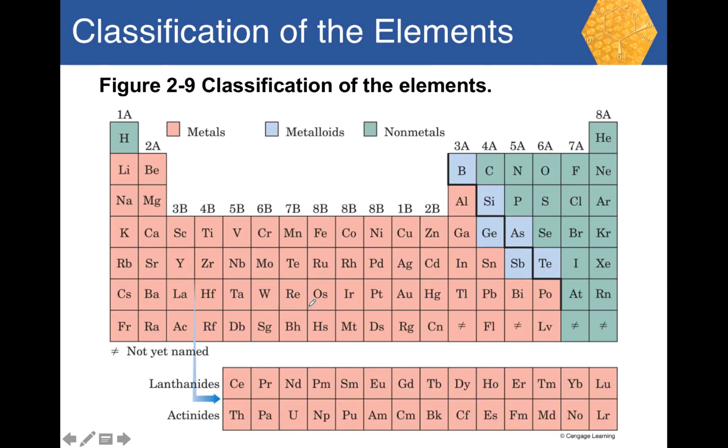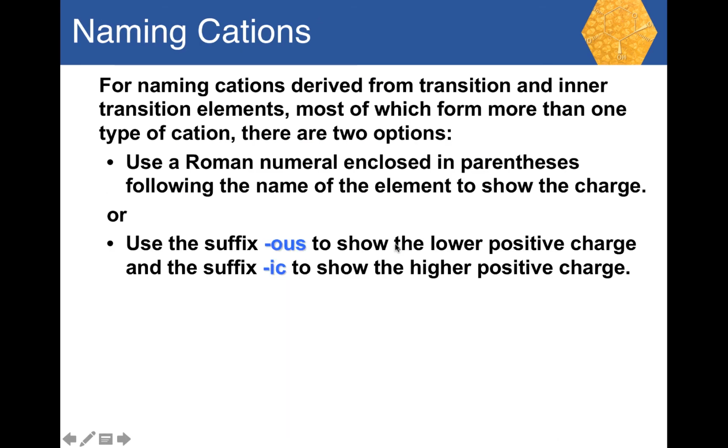So what we'll do here is briefly look at some other atoms, and this time we'll look at atoms in this region of the periodic table, called the transition metals. So let's look at some of the names that are used. In naming these from the transition or the inner elements of the periodic table, here are some general guidelines.